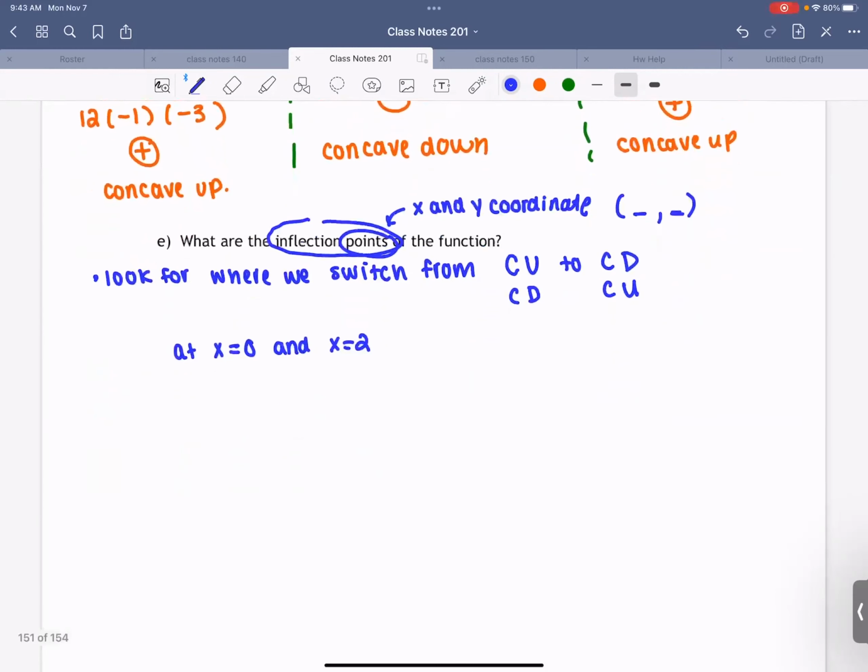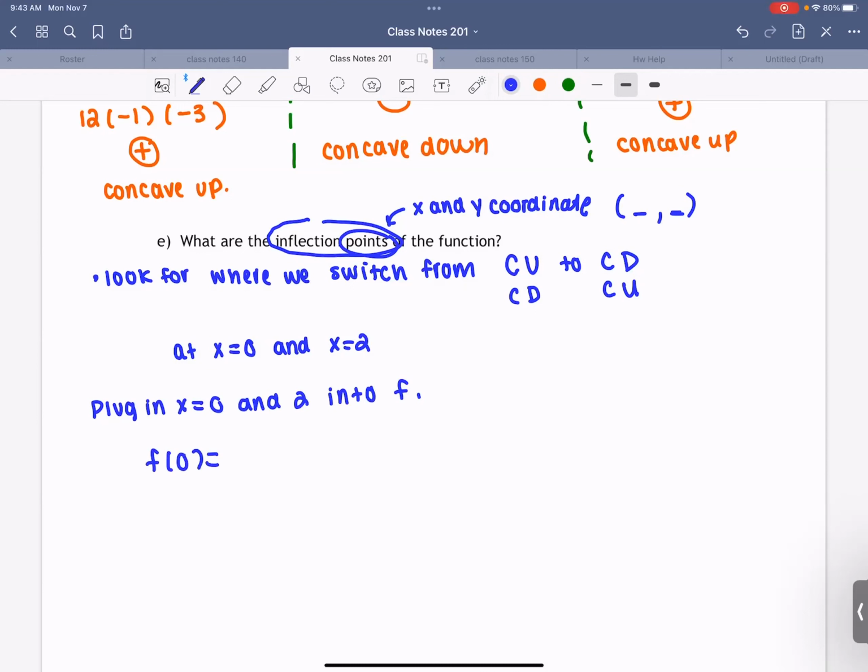Okay, so it looks like I'm going to have to plug something into a function. I'm going to plug in x equals 0 and 2. Am I going to plug it into f prime, or f? We're looking for a point on the function, so we're plugging it into f. So I'm going to do f of 0.